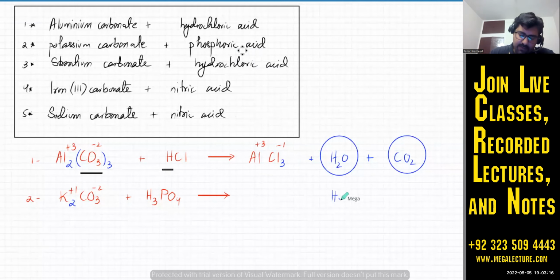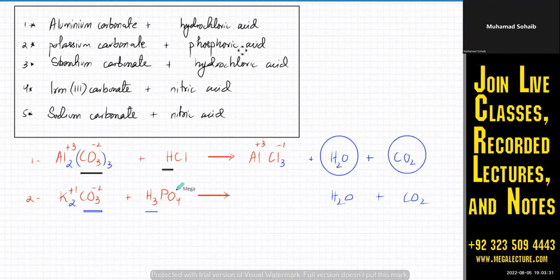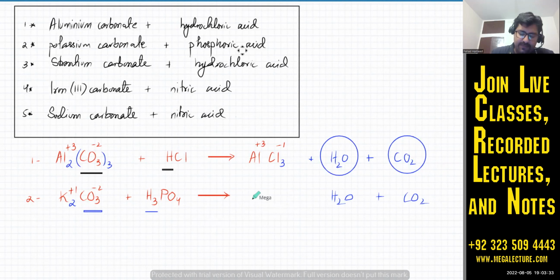I'm going to write down water anyways, and carbon dioxide is going to be produced. So that means the H from the acid and the carbonate ended up forming water and carbon dioxide. What is left? The K and the PO4 are left. So it's going to be K and PO4, right?